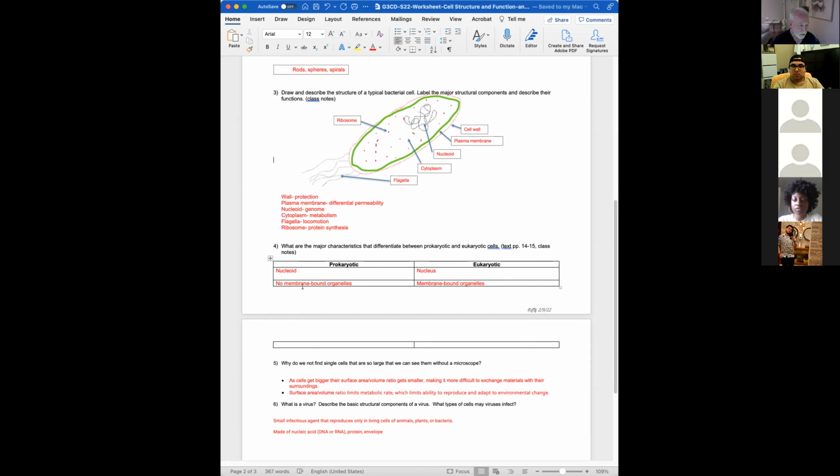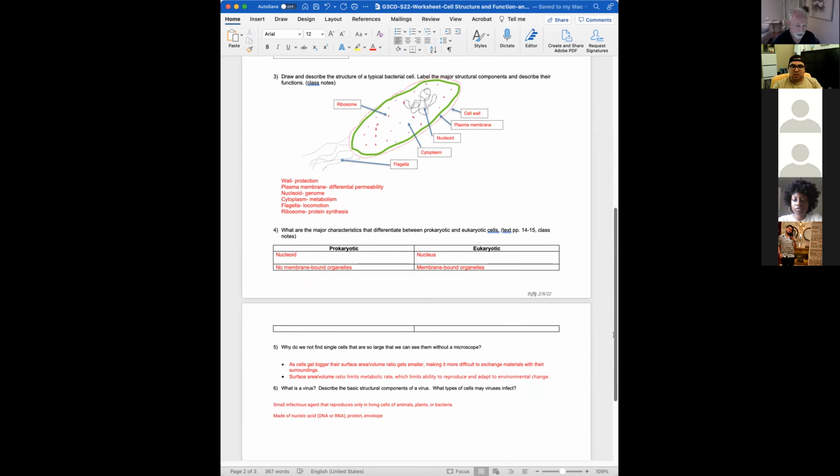And the reason membrane-bound is an important consideration here is that bacteria or prokaryotes do have an organelle, the ribosome, but it's not membrane-bound. Whereas in eukaryotes, the ribosomes are bound in membranes. And we'll talk a lot more about that when we get to nucleic acids.